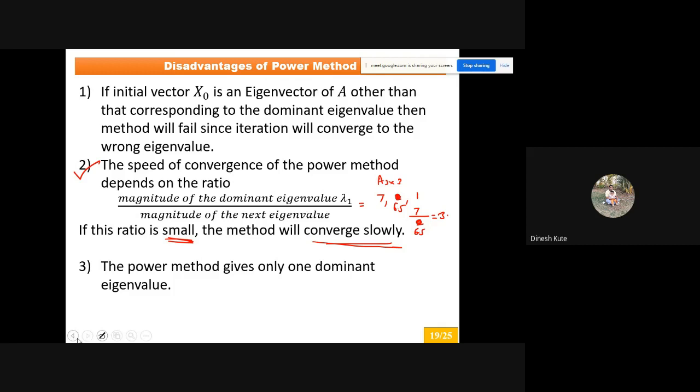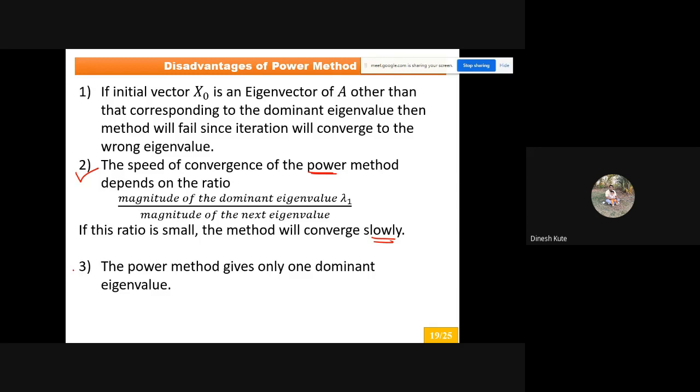So at the end you have to ensure that the ratio of the magnitude of the dominant eigenvalue to the magnitude of the next dominant eigenvalue is large. Only then will you get fast convergence using the power method. If the eigenvalues are very close to your dominant eigenvalue, the power method takes time to converge. So this is the second drawback: the power method converges slowly in this particular case.